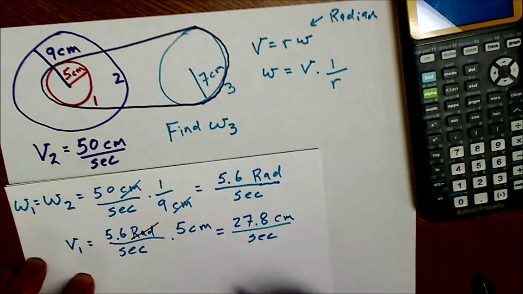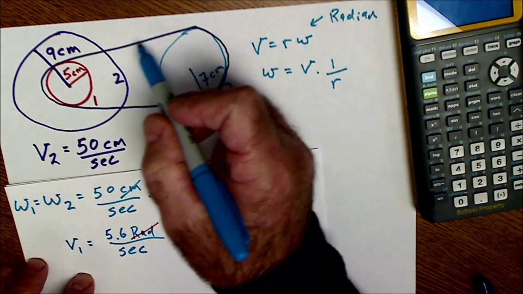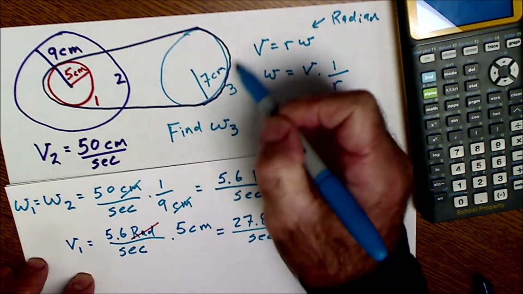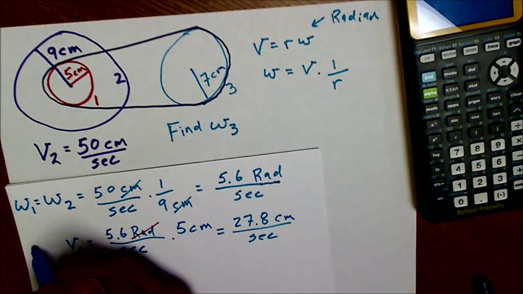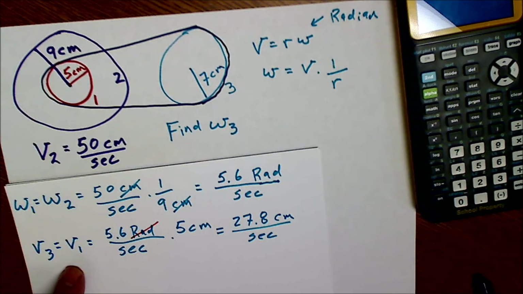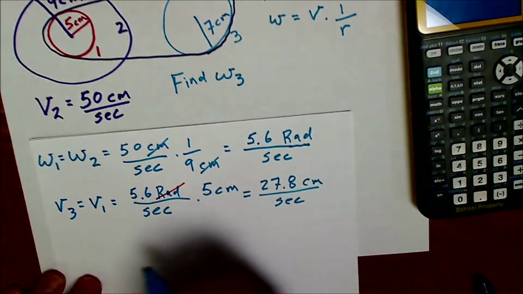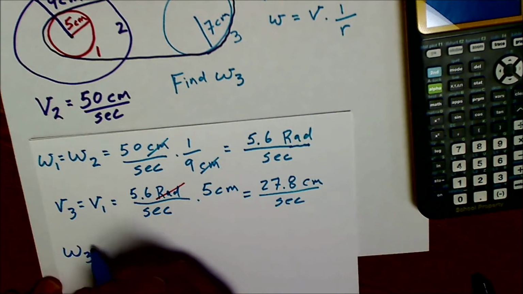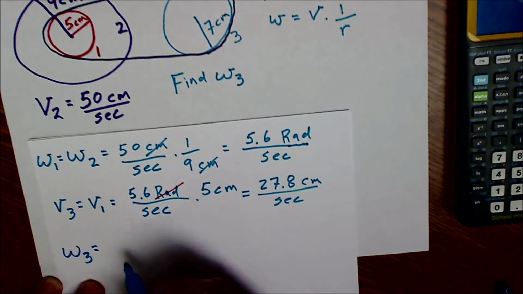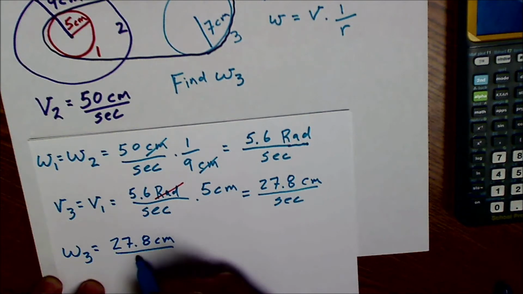But this belt travels at a constant speed. So if the linear velocity of that red gear is 28 centimeters per second, it's also the linear velocity of gear 3. So the linear velocity of gear 3 is equal to the linear velocity of gear 1. The next thing I need to do is find the angular velocity of gear 3. So the angular velocity of gear 3 will be its linear velocity divided by its radius, 27.8 centimeters per second.